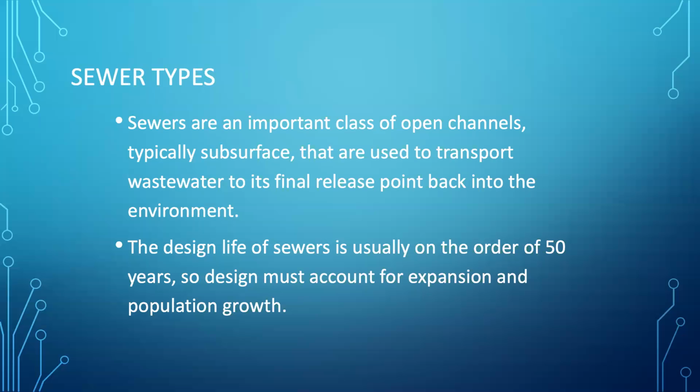Now the design life of sewers, or the service life, is typically on the order of 50 years. And so in the design, we have to account for the completed conditions and the future conditions that we want our sewer to perform at.